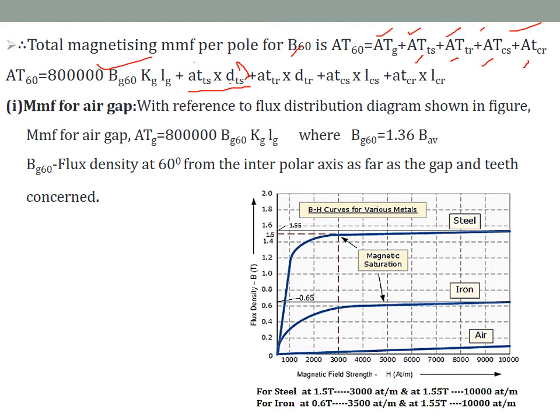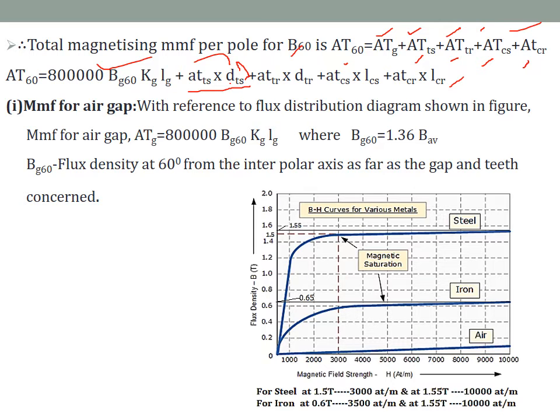If you multiply these, you will get capital ATts. Similarly, ATtr into dtr, the ampere turns per meter for the rotor teeth into the depth of the rotor teeth, will give capital ATtr. Plus similarly ATcs into Lcs, the length of the stator core, plus ATcr into Lcr, the length of the rotor core.